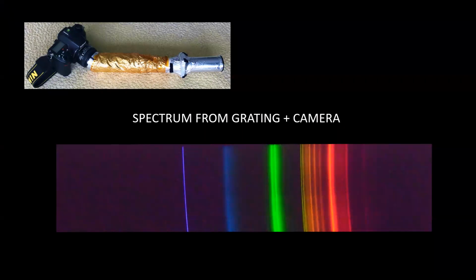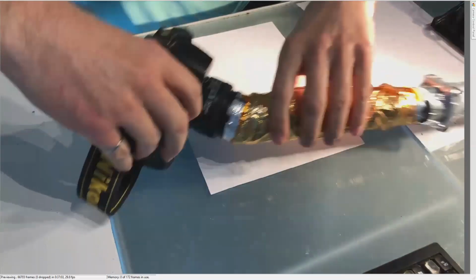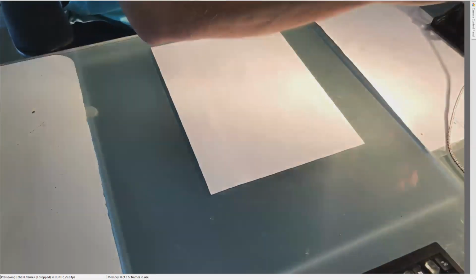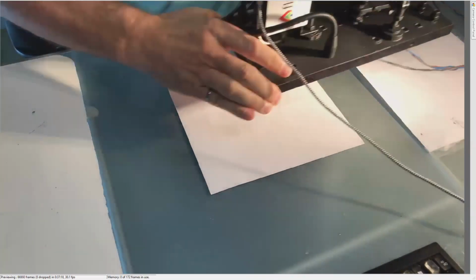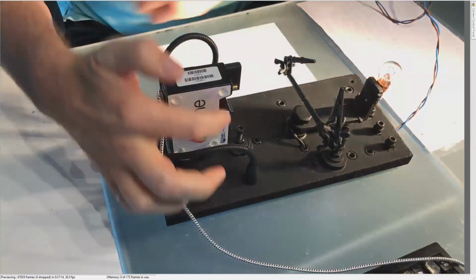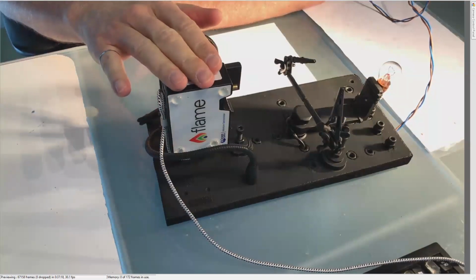Wasn't precise enough. So I decided to buy a used commercial spectrometer and its software from Ocean Optics. It's now called Ocean Insight, and mounted it on a plate. Let me show you that. Here's the spectrometer, small little box, you can hold in your hand.